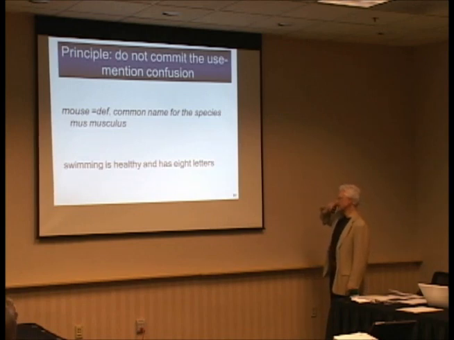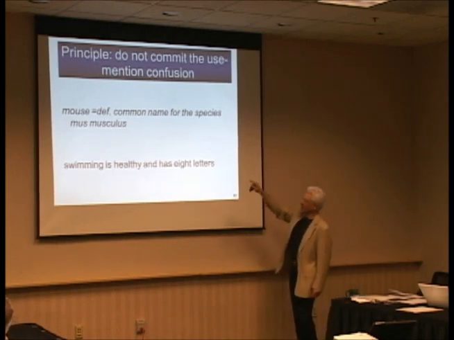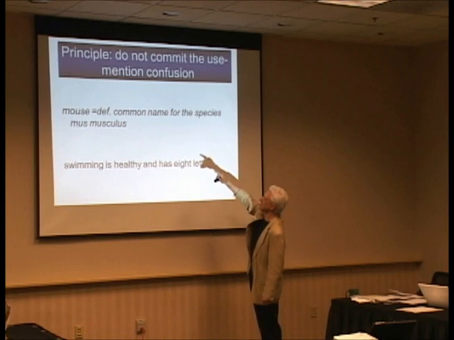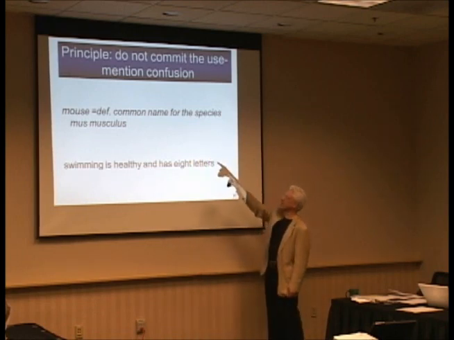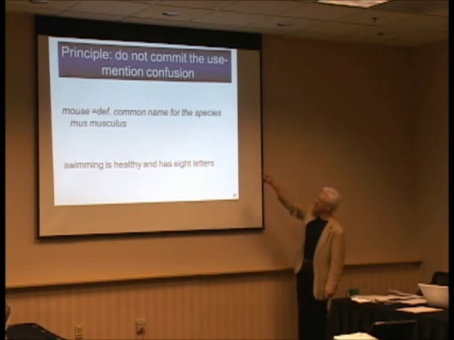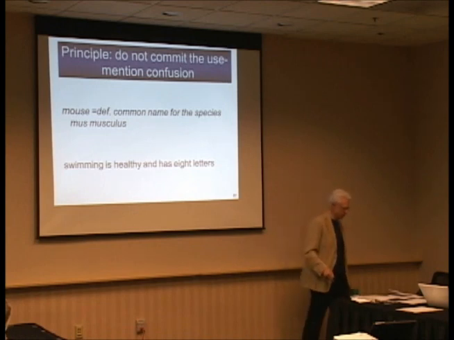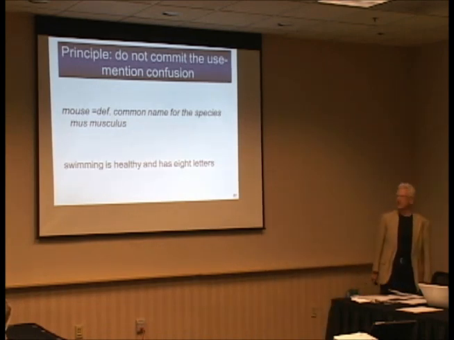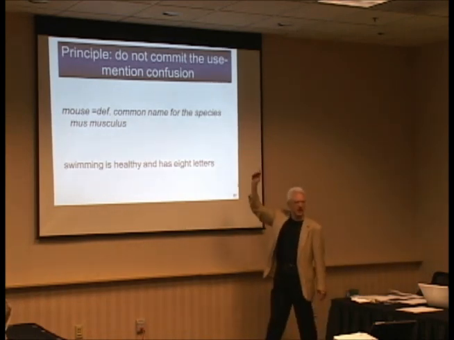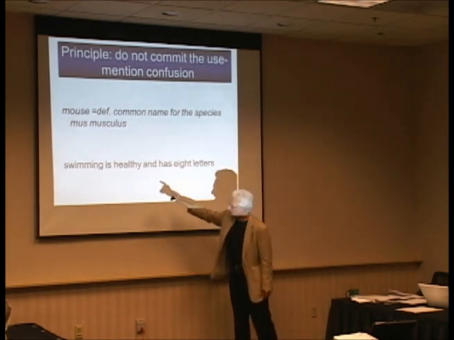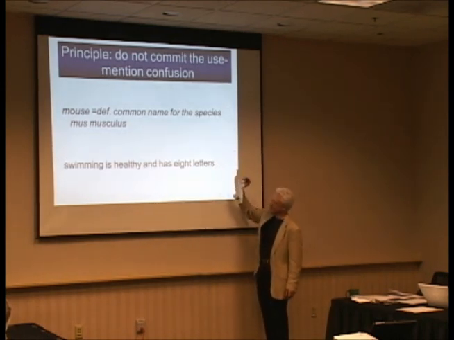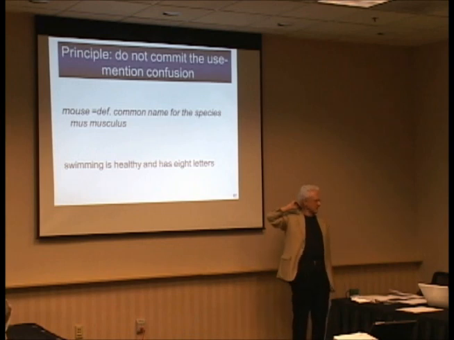Now, the use-mention confusion. There was once an ontology, maybe it still exists, I will not name its name, but it used to define a mouse as a common name for the species Mus musculus. And this is called the use-mention confusion. A mouse is not a name. The confusion is realized here: swimming is healthy and has 8 letters.